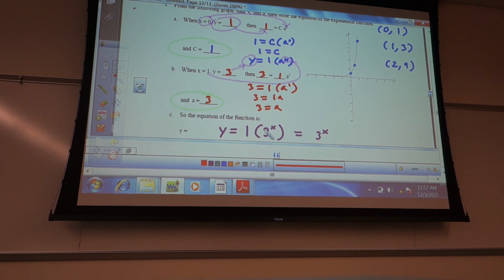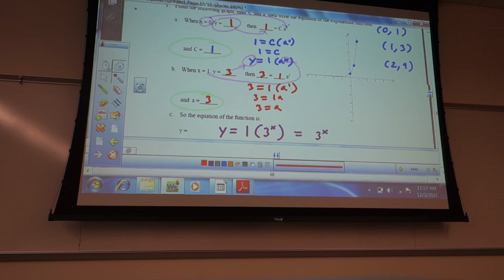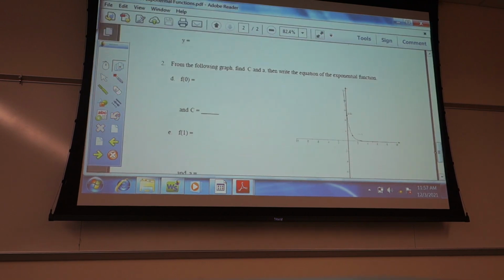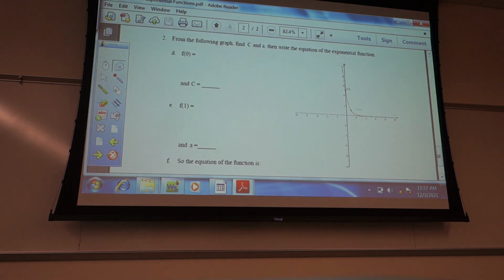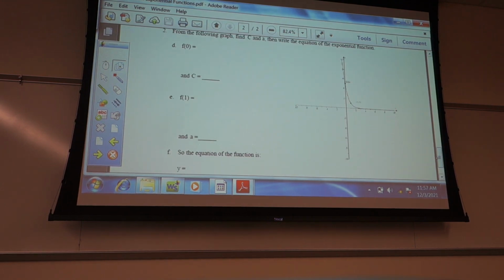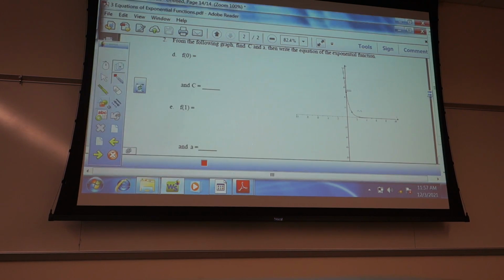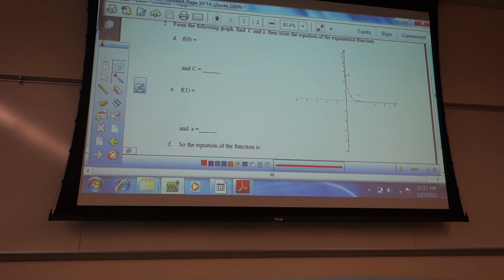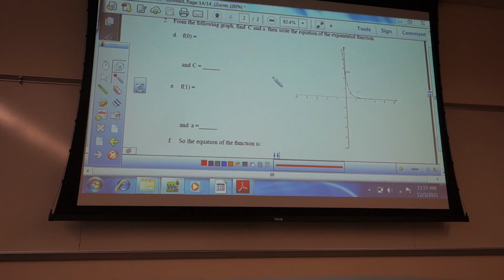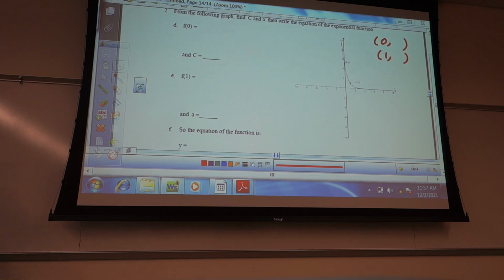Okay, so you folks do number 2. This is different, so you have to find your 0 comma what and your 1 comma what. Find those two numbers and then you're going to plug them in. They have it on the graph over there. Yeah, find it in the graph.